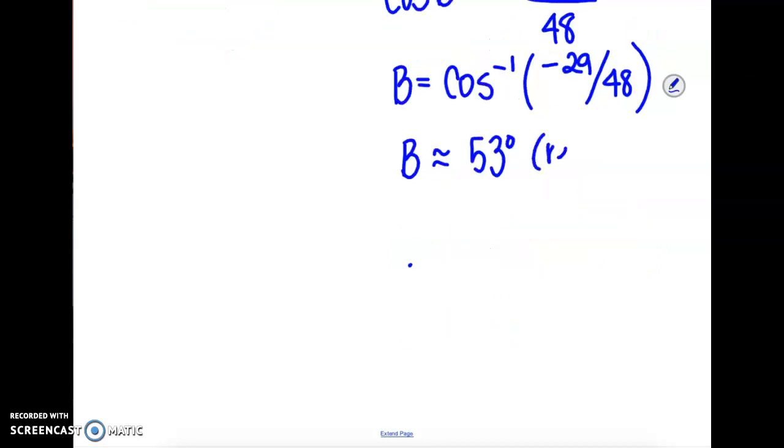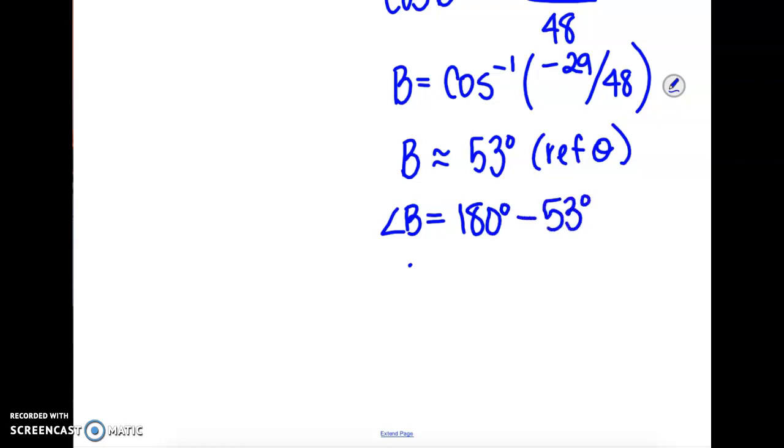So the true angle B is 180 degrees minus that reference angle of 53. So you do that when you have obtuse angles. So that angle B is about 127 degrees. Again, feel free to pause, rewind if you need to do so.